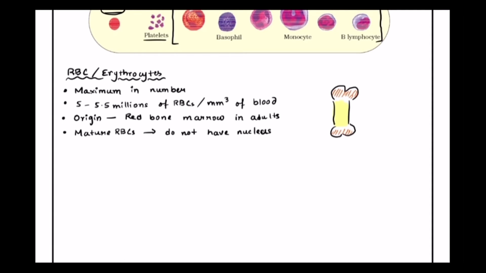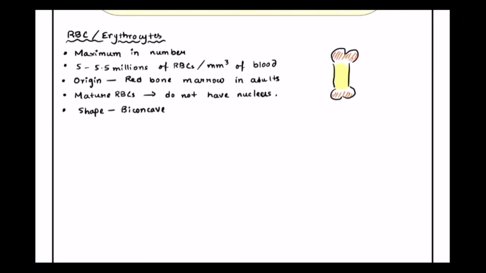And because they do not have the nucleus, they do not have a bulging appearance. They have an appearance of biconcavity. So their shape is biconcave. Right? And this point is very important. Mature RBCs do not have a nucleus.